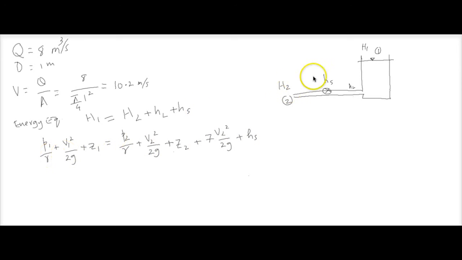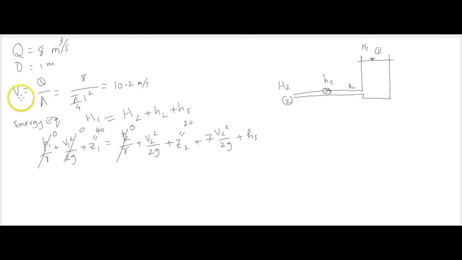So we know that both of these ends are exposed to atmosphere, so we can easily note that P1 is going to be equal to 0 and P2 is going to be equal to 0. Now on section 1, we know that it's a stationary level, so the velocity at section 1 is equal to 0. From the diagram, we know that Z1 is equal to 40 and Z2 is equal to 20.